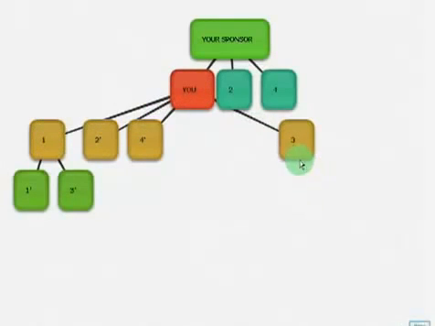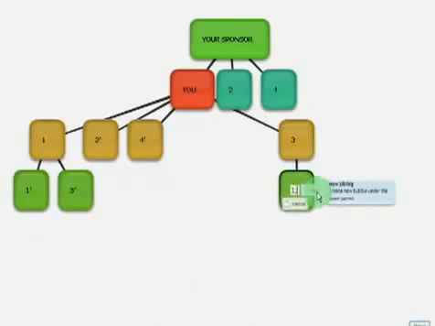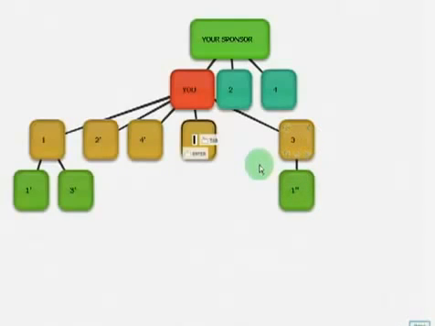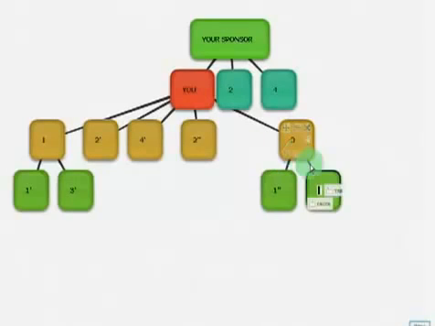Your third person will do the same thing in the same fashion. We'll call him 1 double prime. His second person will pass up to you. We'll call him 2 double prime. This guy's third person will stay with him. That's 3 double prime.